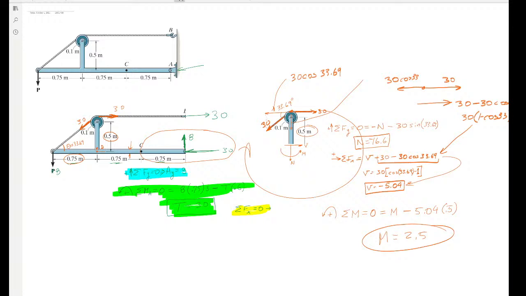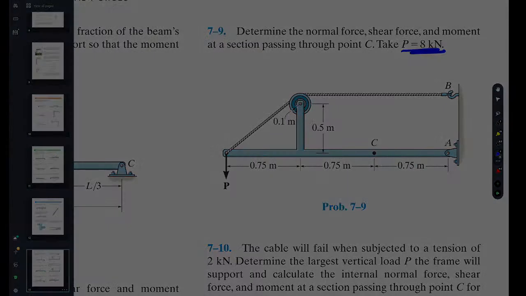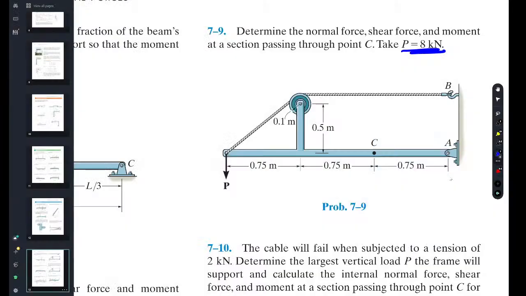I will take the right end, and I'm essentially taking a small section.